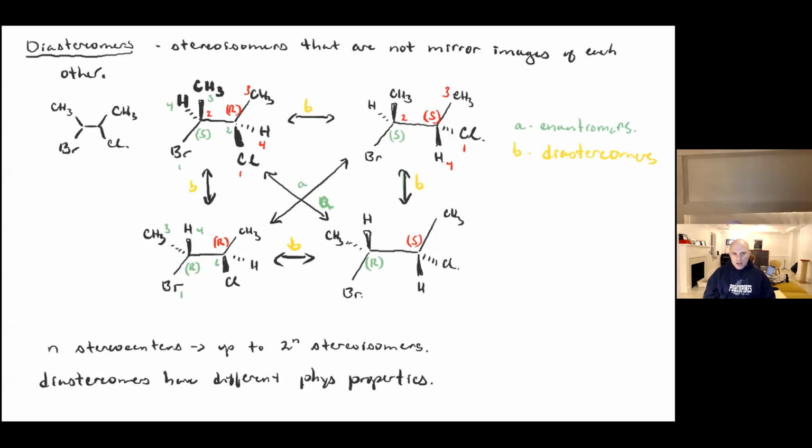And then meso compounds are compounds that contain stereocenters, but overall have a plane or point of symmetry. And so the molecule itself is achiral, okay? And so this is the vocabulary of stereochemistry, and it's very important to become comfortable with these words.